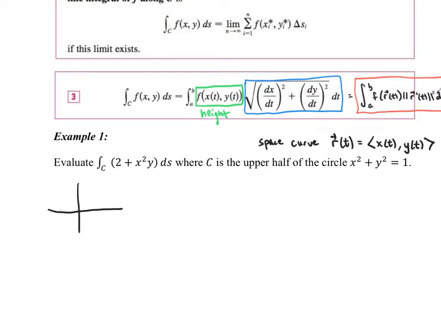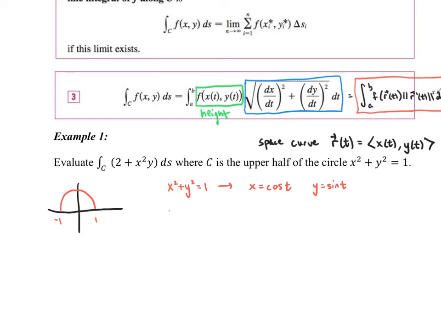We're going to go from -1 to 1, and we need to write a parametric equation for this circle, and we've done this a bunch of times. The one that we've used most commonly is x equal to cosine of t, and then y equal to sine of t.